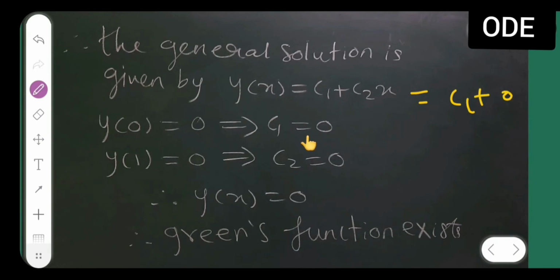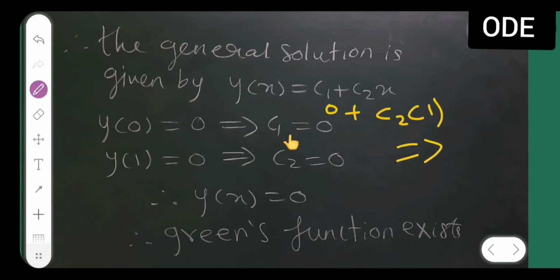But y of 0 is equal to 0 is given, so obviously this is equal to 0. Now here c1 is 0, plus c2, because here x is 1. Now this implies nothing but c2 is equal to 0 because of this.